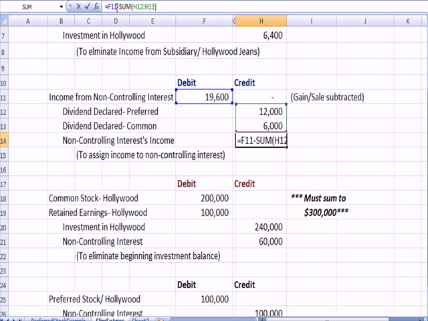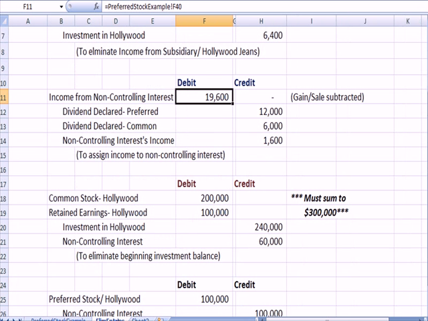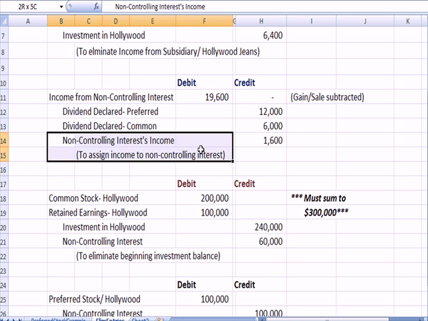Then this number is simply a plug figure, the difference between the 19,600 that we saw right here, the non-controlling interest share of income. We're taking that off the books by debiting. We're removing the non-controlling interest share of the preferred dividend, all of it, the common dividend, 20% of it, and the net difference is the debit to non-controlling interest.